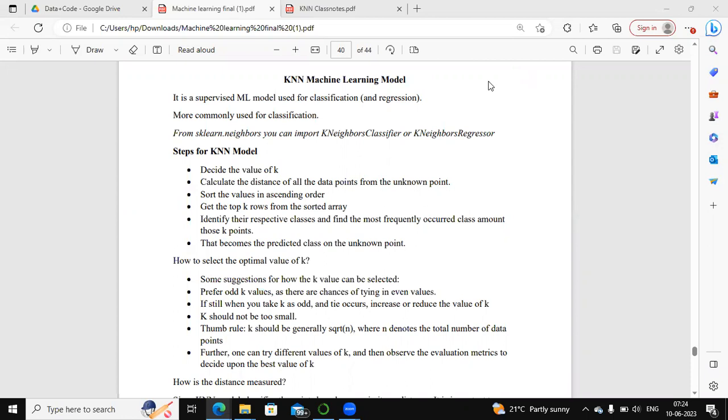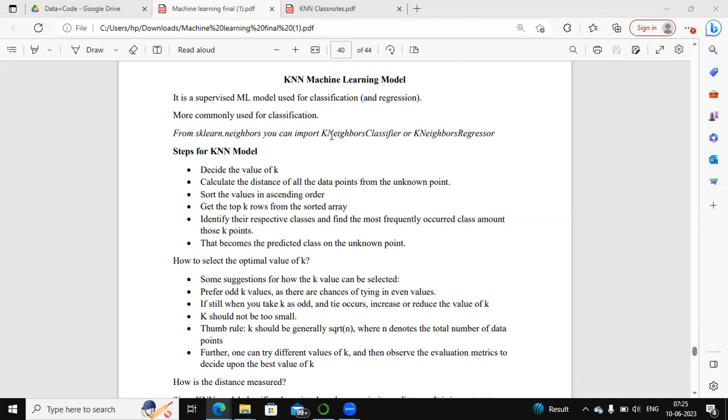To import the K-nearest neighbors classifier, we have to import from sklearn.neighbors, either the KNeighborsClassifier or the KNeighborsRegressor.